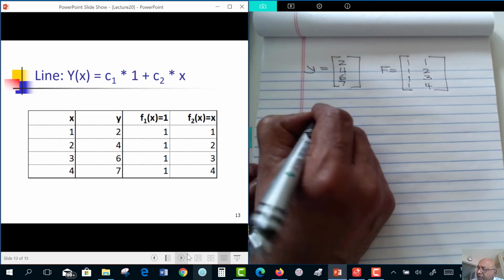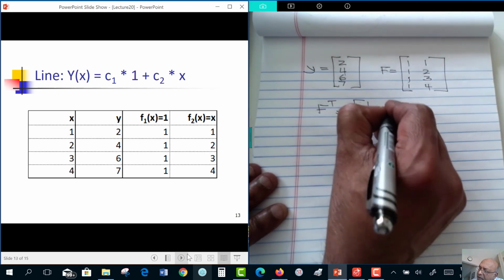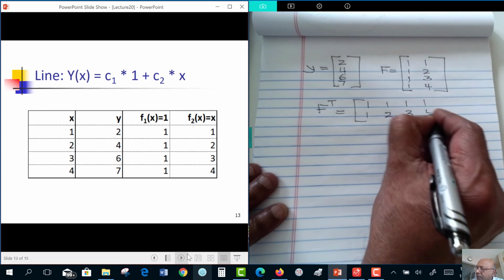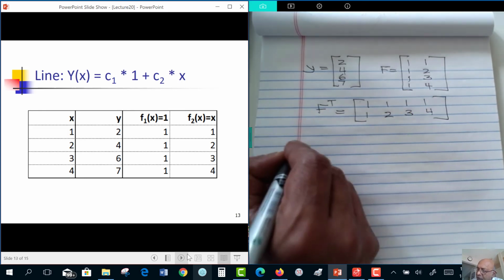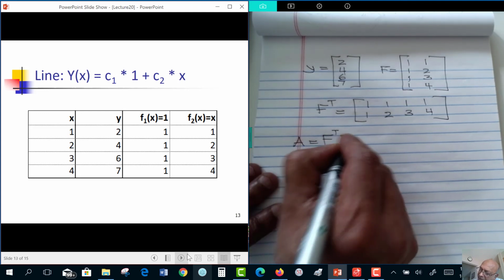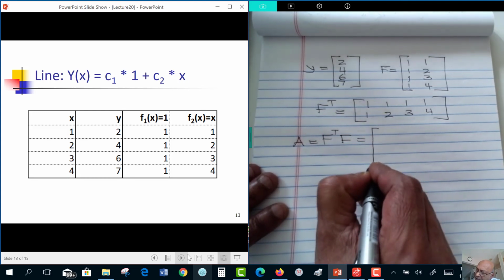So our F transpose matrix would be 1, 1, 1, 1 in the first row and 1, 2, 3, 4 in the second. So when we do matrix A, which is F transpose times F, we will get a 2 by 2 matrix.